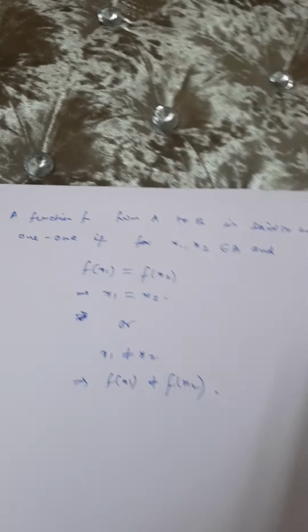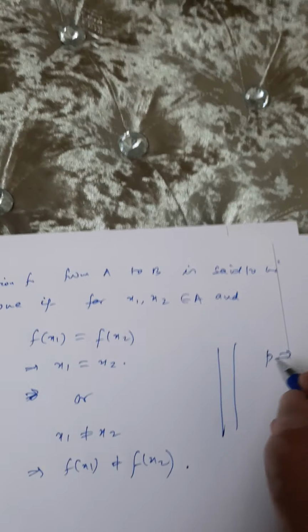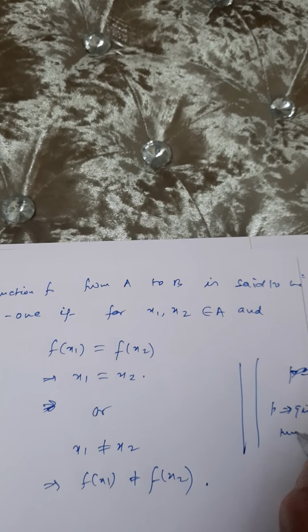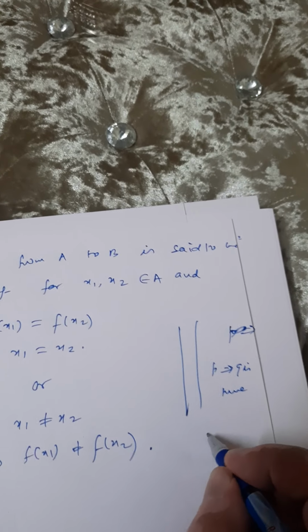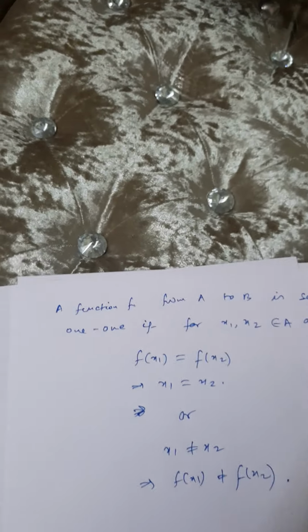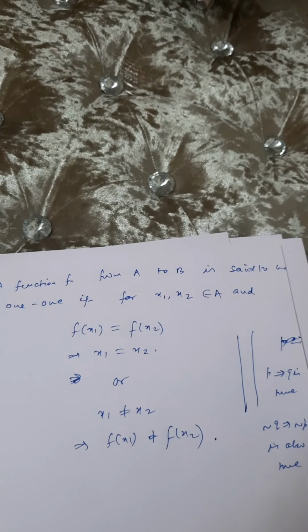See, in class 11th you have done, if p implies q is true, then negation q implies negation p is also true. So in this case, we can have either this definition or this definition.